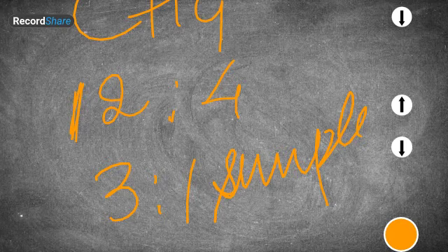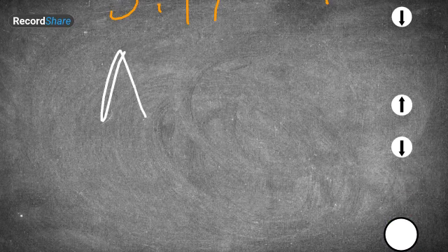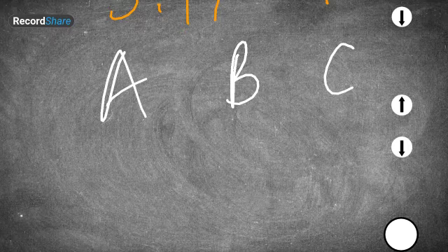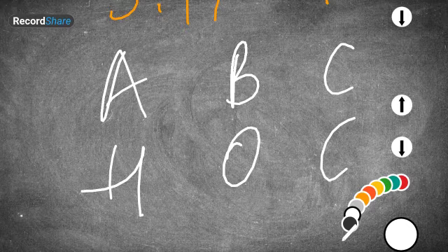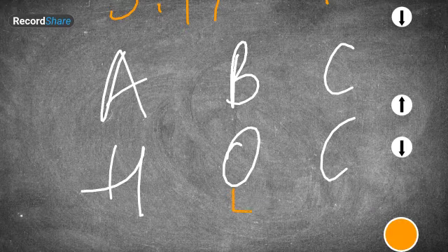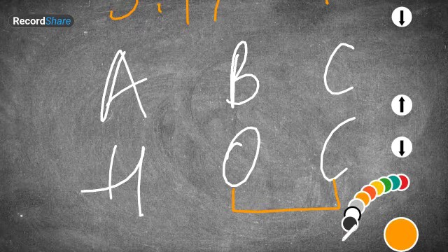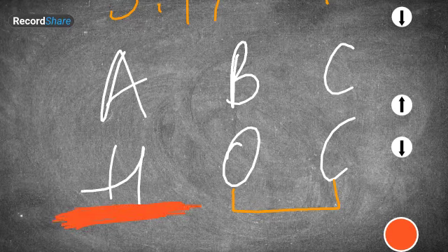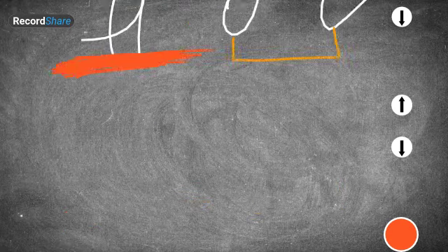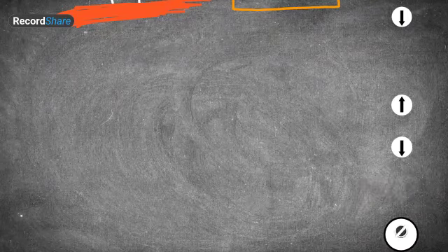Okay, so let us do the next case now. We have A, B, C: hydrogen, oxygen and carbon. Now let us do the reaction between O and C, keeping the hydrogen fixed. O and C will react to form CO2.